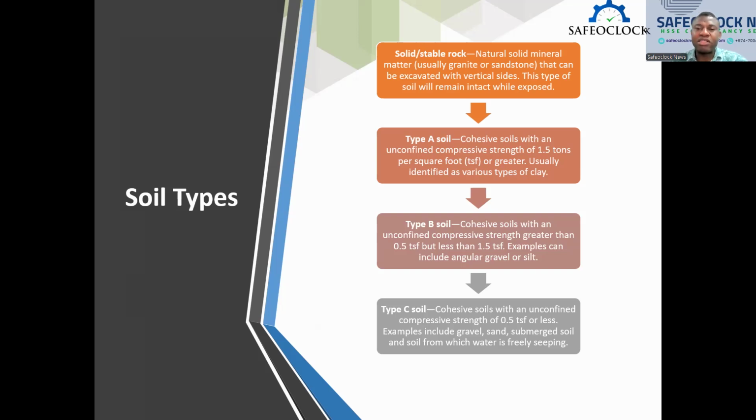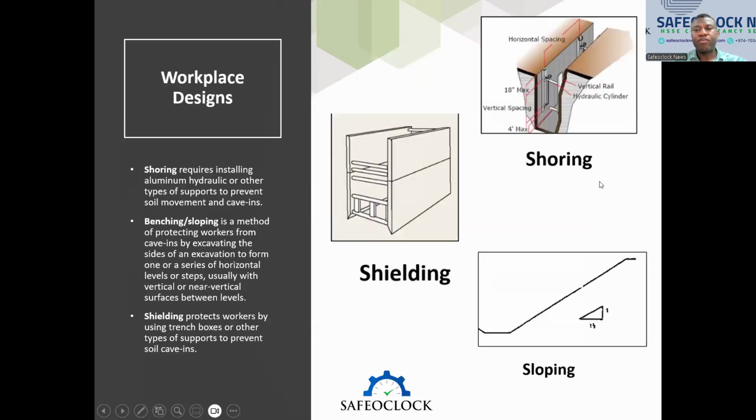Now let's look at the implementation of the protective system. To protect the excavation, we can implement shoring, shielding or sloping. These are three major types of protective system that can be implemented to protect workers from an incident in an excavation. Let's look at them one after the other.